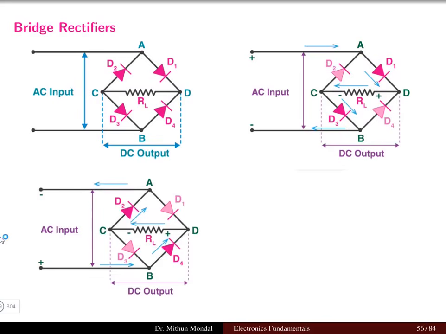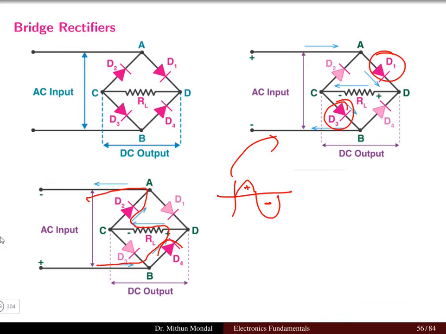In the reverse bias condition, or the negative half cycle: in the positive half cycle we have applied, diode D1 and diode D3 conduct. In the negative half cycle, the current will flow in this direction. So it is D4 and D2 which are conducting now, or become forward biased, where D1 and D3 are reverse biased.